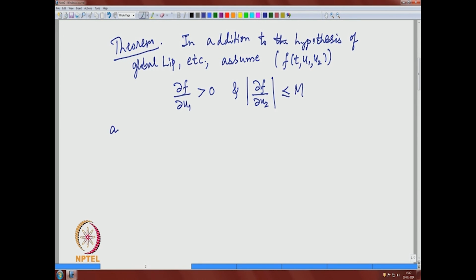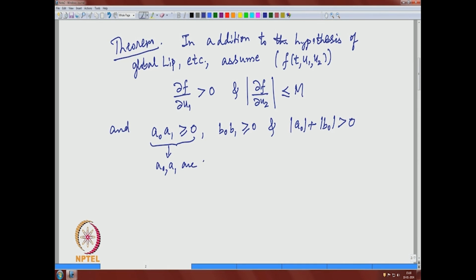And so, a0, a1 non negative, b0, b1 non negative, and a0 and b0 do not vanish simultaneously. So, this is the condition. So, this means a0, a1 are of the same sign.